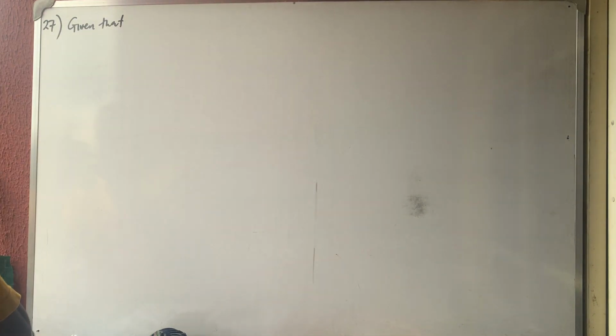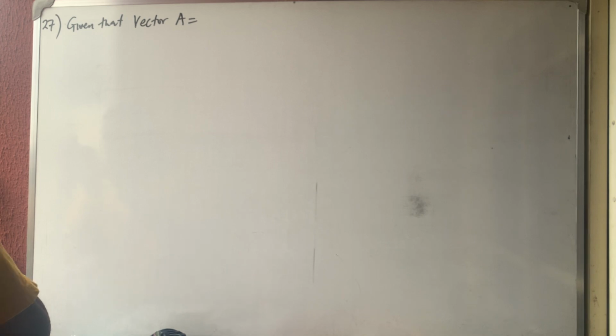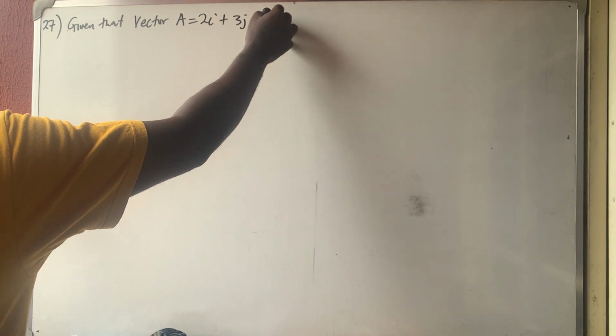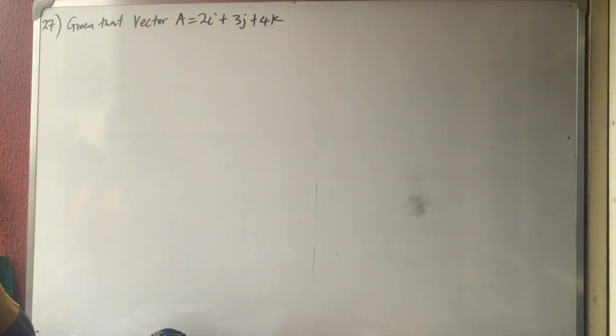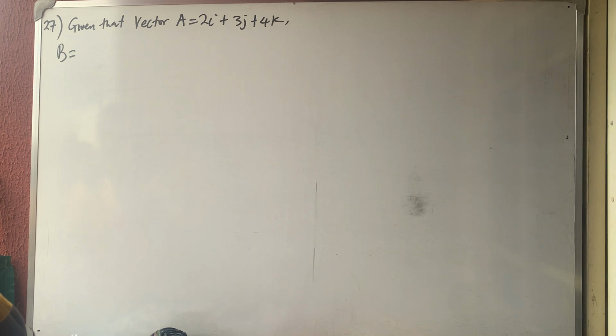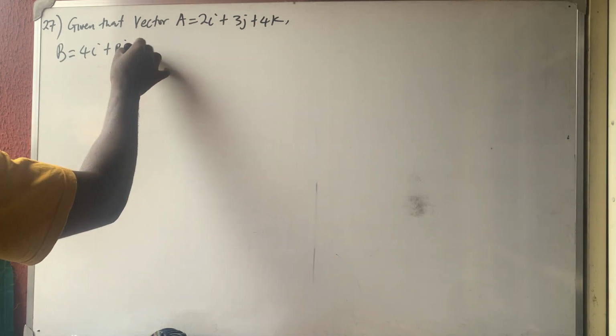27. Said, given that vector A is equal to 2i plus 3j plus 4k, and vector B is given by 4i plus pj minus 5k.